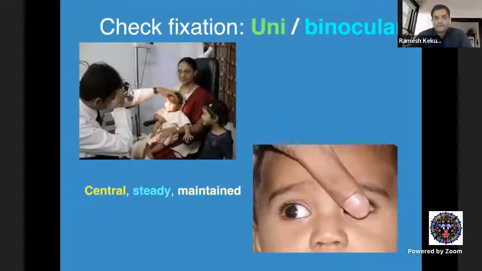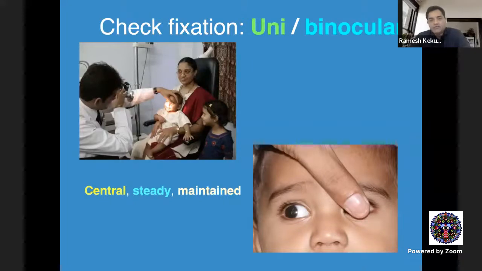But one thing: when you are doing an evaluation of strabismus in a child, it's always visual acuity estimation as well. Sometimes when you put your thumb, you're doing it for eliciting the direction of the ocular movement, but you can also check whether the fixation is central, steady, or maintained.